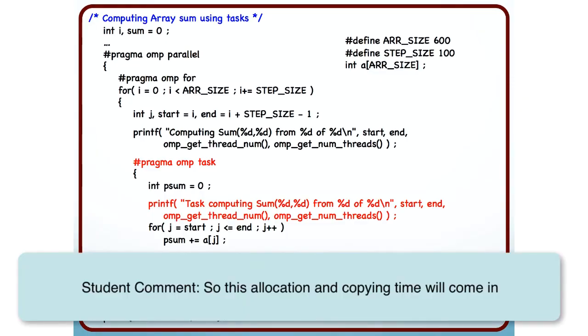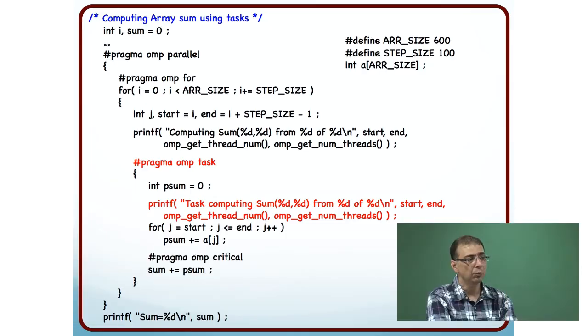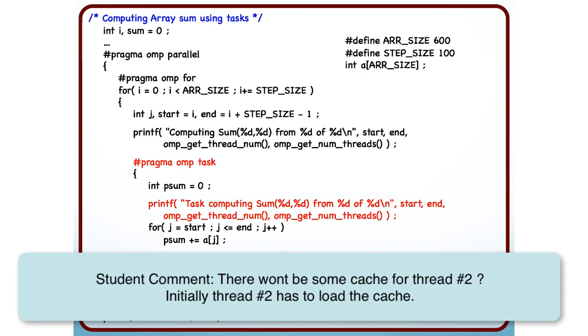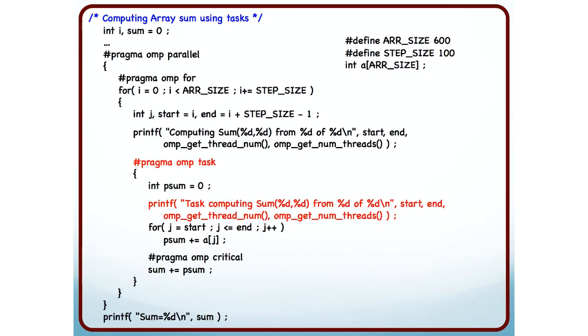But this loading and unloading part will come in, will it not? Copying and then loading into registers. There is some overhead, but that's okay, right? That's like the same overhead as when you invoke a function. Initially for thread number 2 it has to load it from the... So, okay, you're getting into something deep over here.